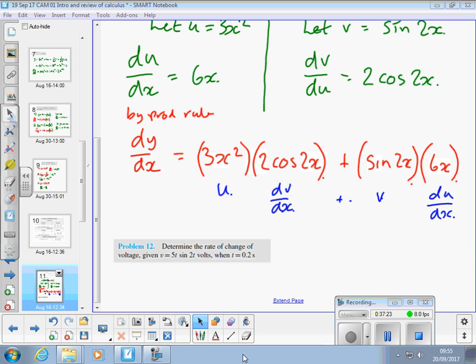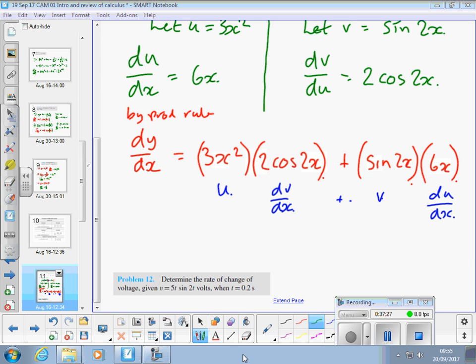Then finally we can write it out in nice neat form. dy by dx is equal to 6x squared cos 2x plus 6x sine 2x.